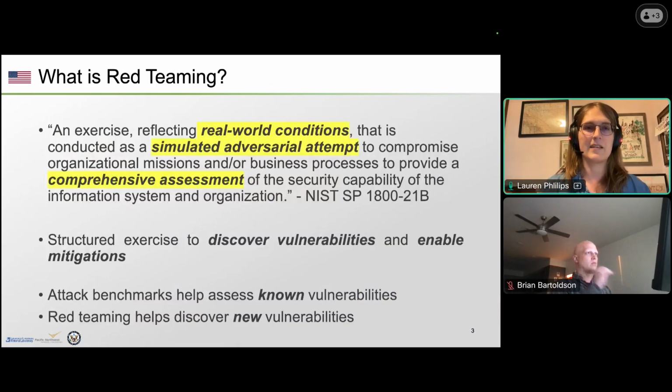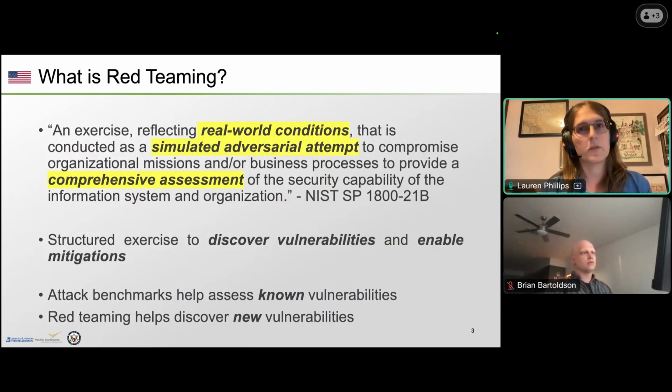So just to start at the very basics, what is red teaming? We think about this as an exercise that's reflecting real world conditions. So we want to do a simulated adversarial attempt. We're not doing an adversarial attempt in order to do harm, but rather to identify vulnerabilities and enable mitigations so that we can improve the defense of our model.